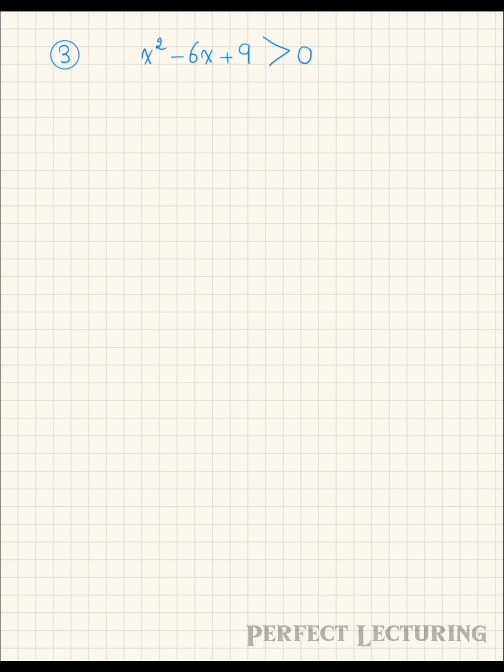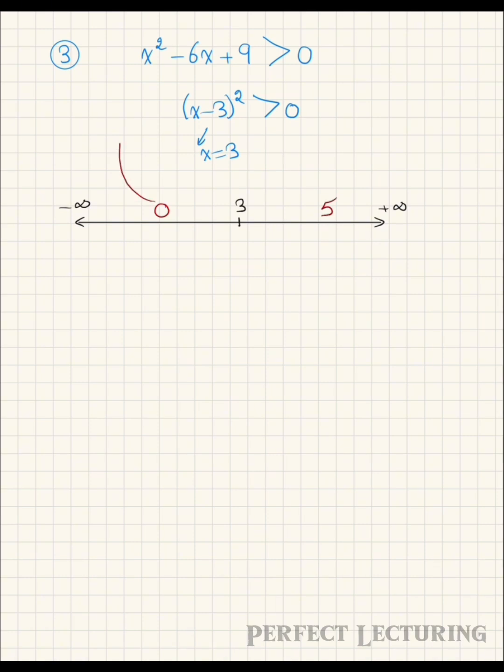For number 3, that is a perfect square. So it is x minus 3 to the power of 2 is greater than 0. So the only 0 we have is x equal to 3. Let us draw the number line. So here we only have 2 regions. Let us choose 0 here, and let's say 5 here. We replace 0 by this trinomial, so we get 0 squared minus 6 times 0 plus 9. That is a positive answer, so you put a plus.